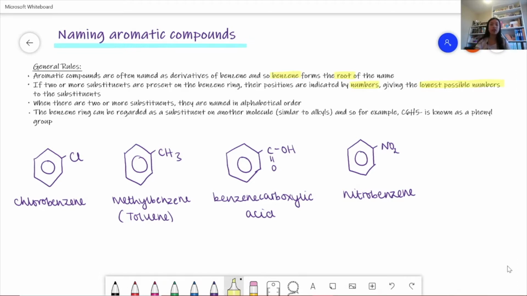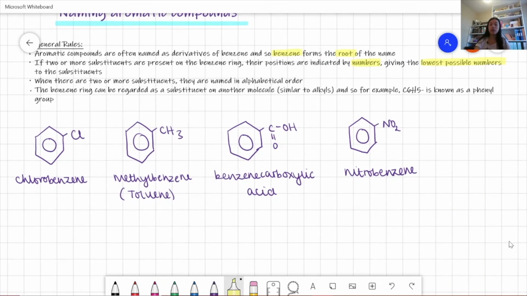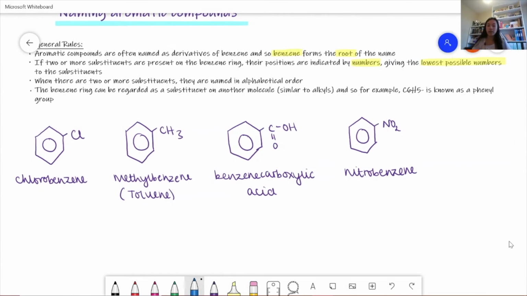We're going to have a look at some more examples. So we could have benzene, and this time we'll have a CH3 and another CH3 here.